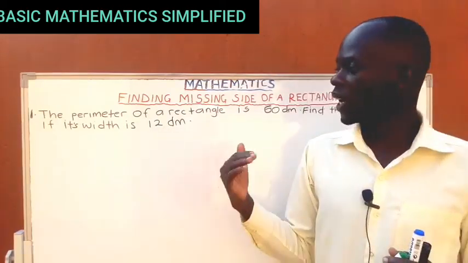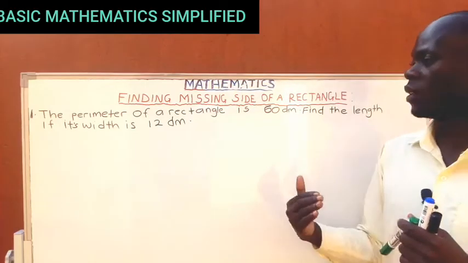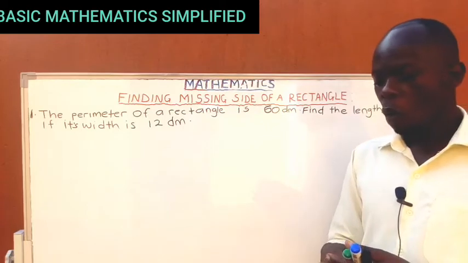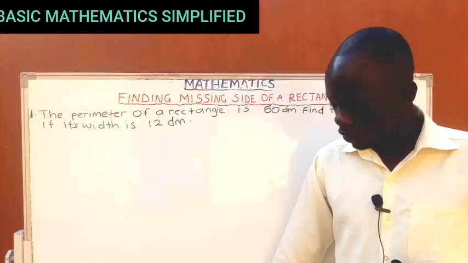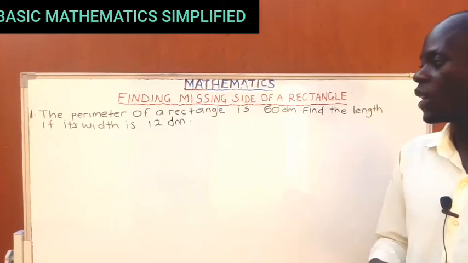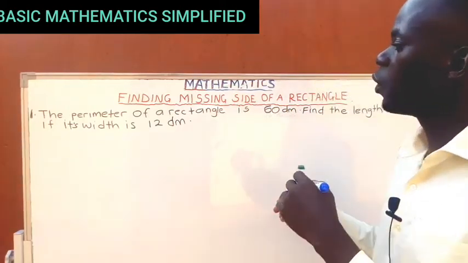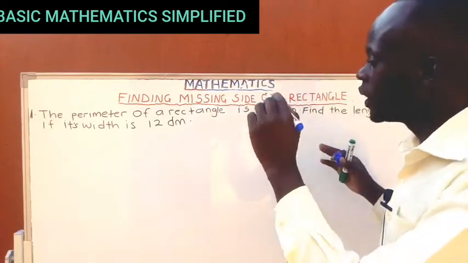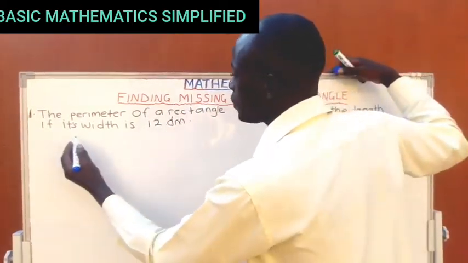Now, when you are calculating the length that is required in the question, you are supposed to know what this rectangle is, to show that you are so much aware of what you are calculating. Since you know what a rectangle is, don't just go direct and say perimeter equals this. No. Please represent the question diagrammatically.